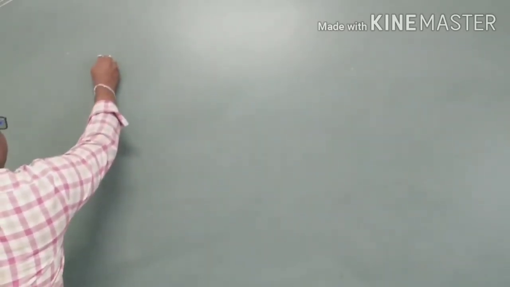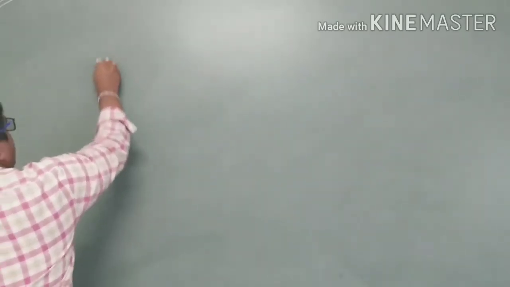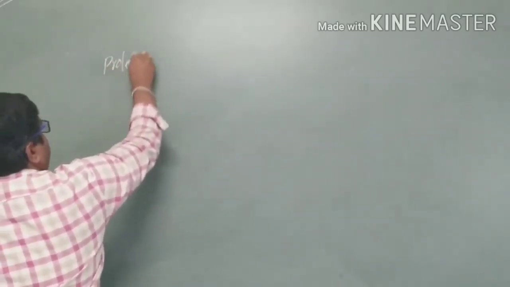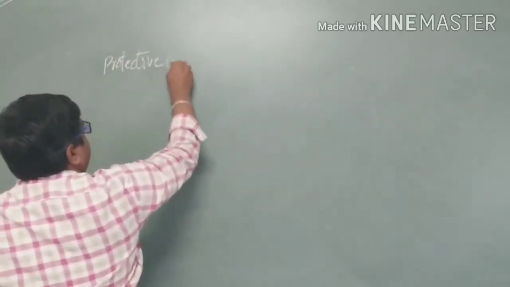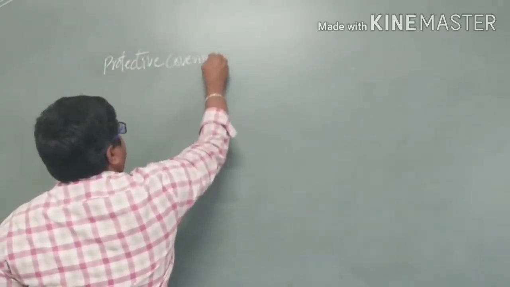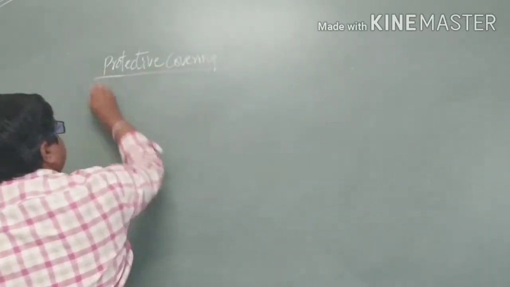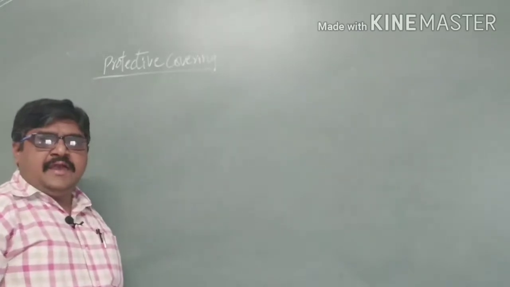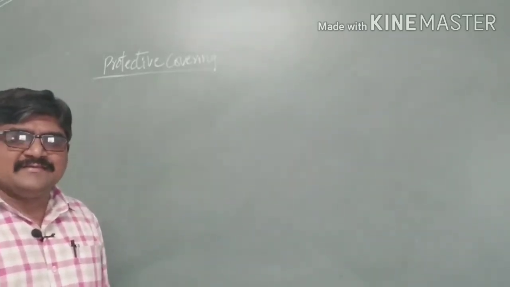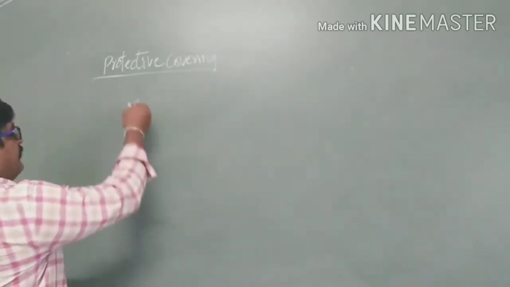Now coming to the protective coverings. The brain as well as the spinal cord is protected by protective coverings. There are three types of protective coverings.